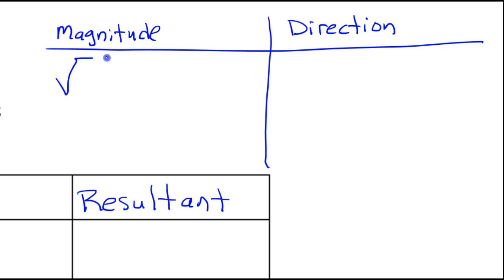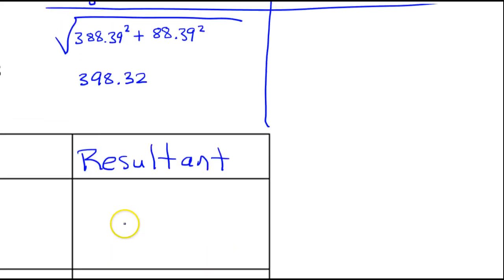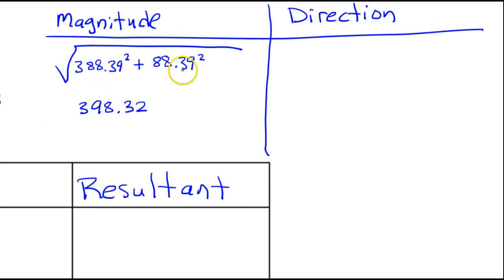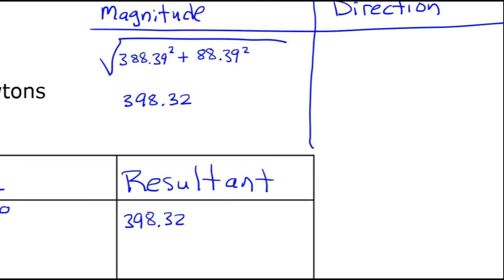For the magnitude, I can just use the magnitude formula. Looking at the component form, for the magnitude, you just square those components and take the square root, and then there's your magnitude. So I'll record that right here. So we have 398.32, and let's check what the units were, newtons.